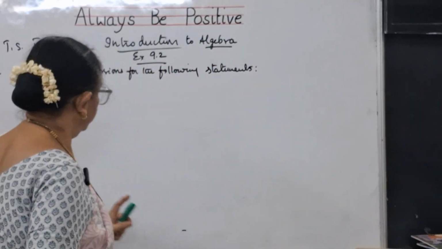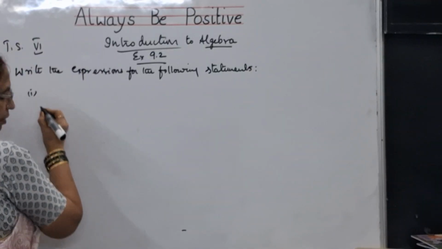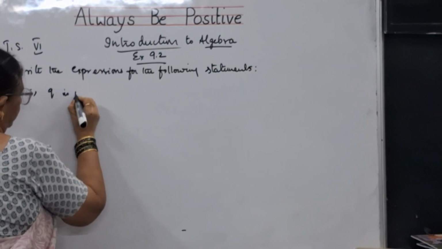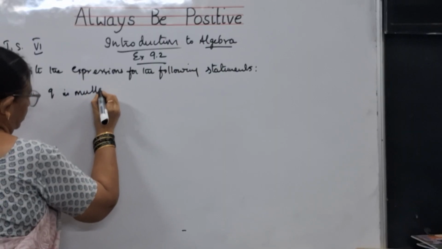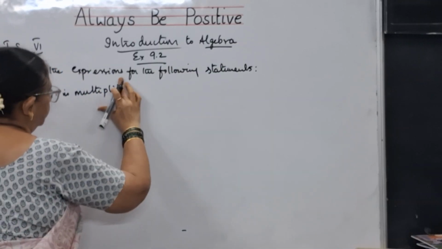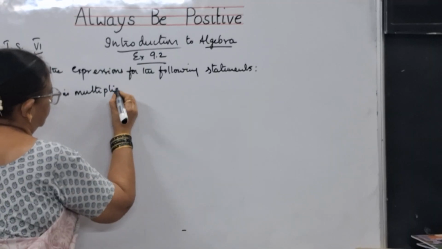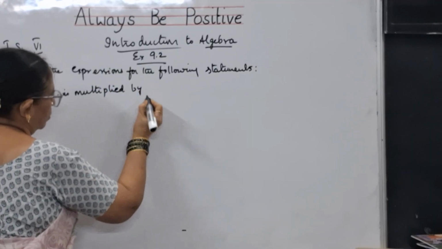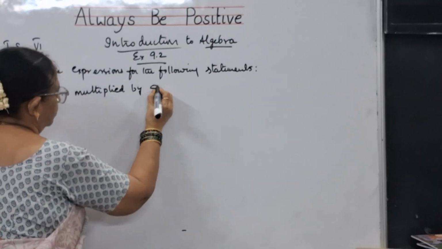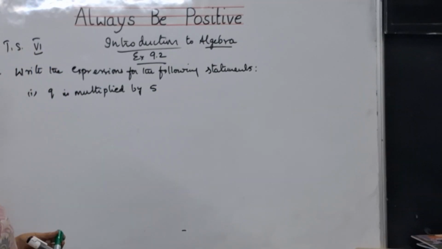First one, Q is multiplied by 5. So Q is multiplied by 5.